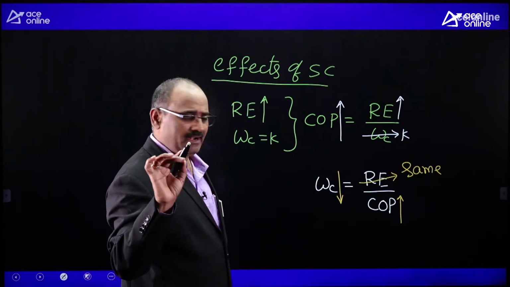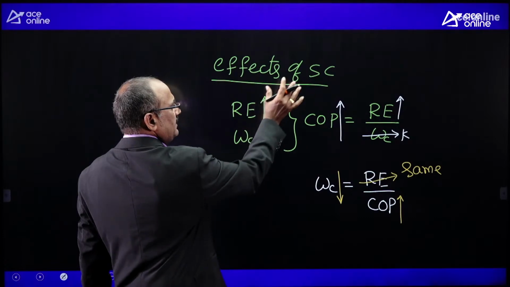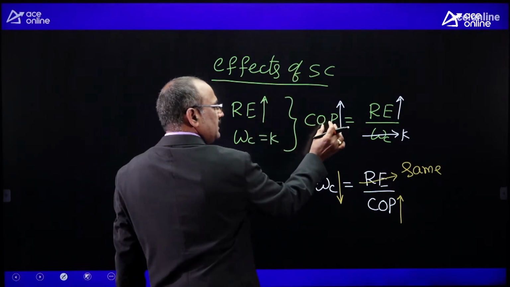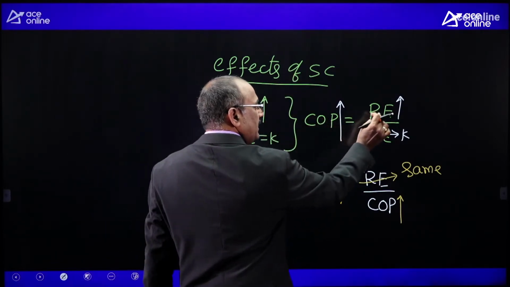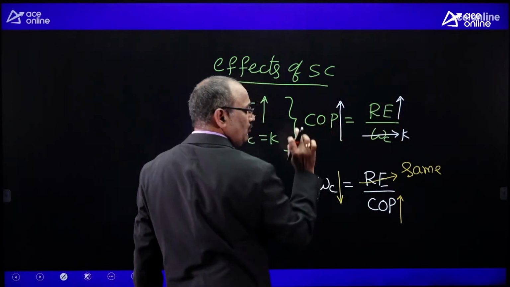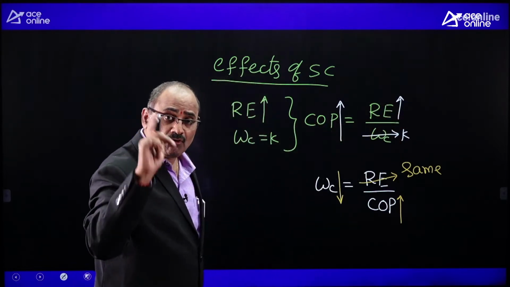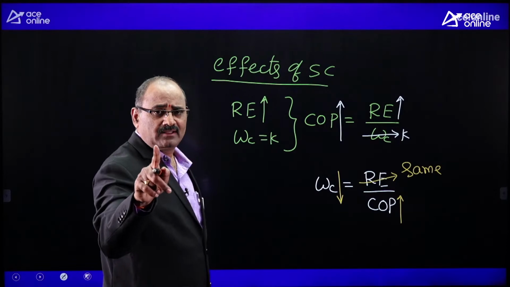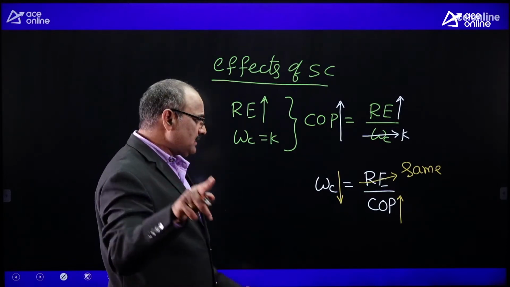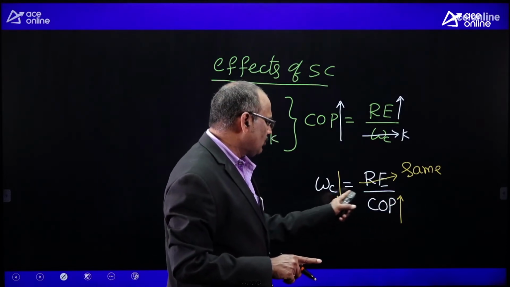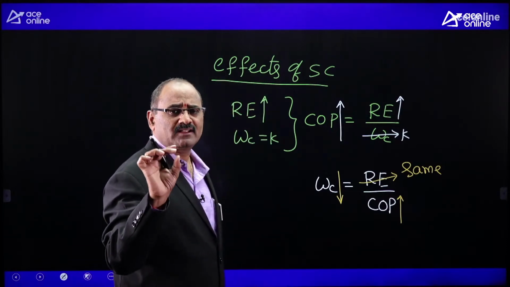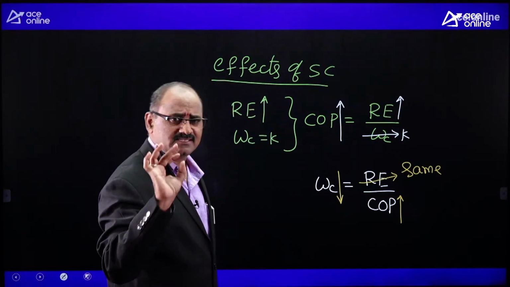Because of the subcooling, the COP increases. But if you want to maintain the same refrigeration effect, because of the increase in COP, the work input to the compressor decreases.